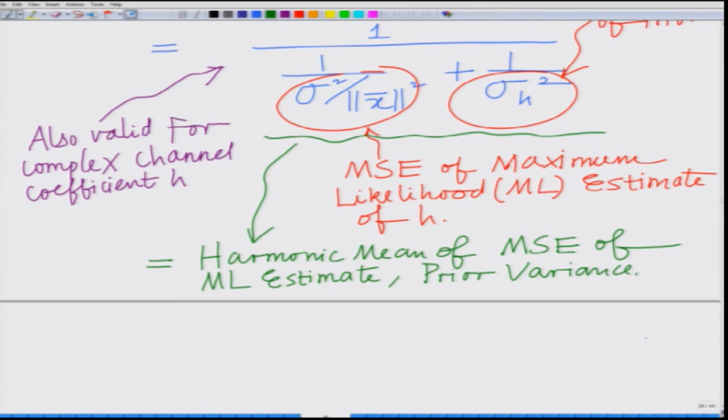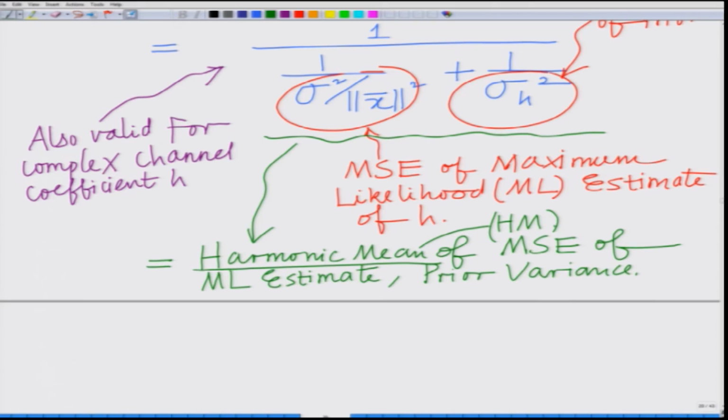So, this is the harmonic mean, or you can also say the HM. Harmonic mean is nothing but, basically, just abbreviate this as HM, the harmonic mean of the MSE of the maximum likelihood estimate and the prior variance. Okay.